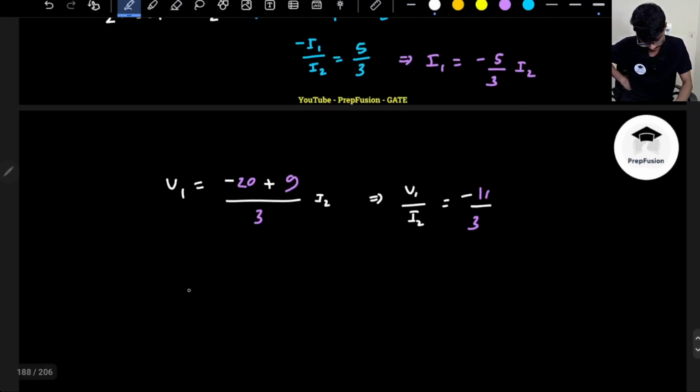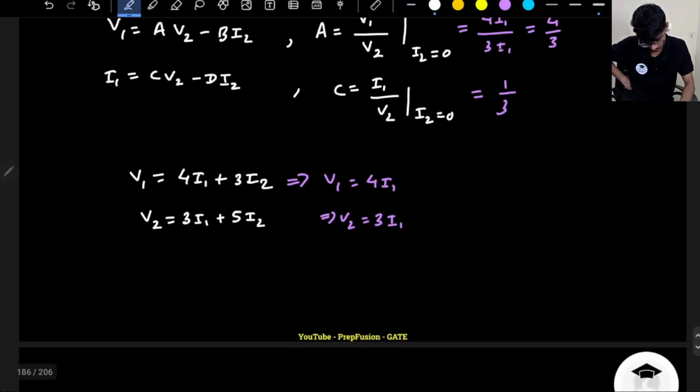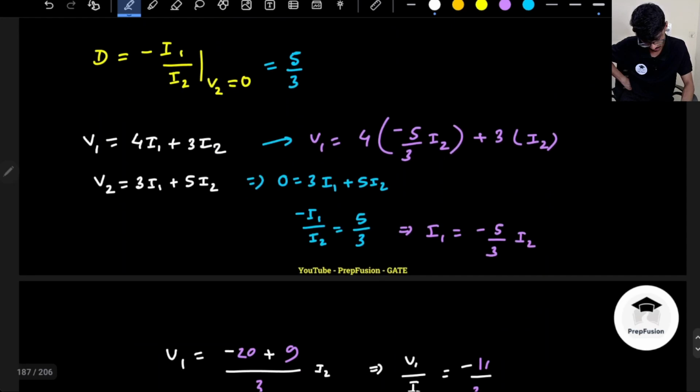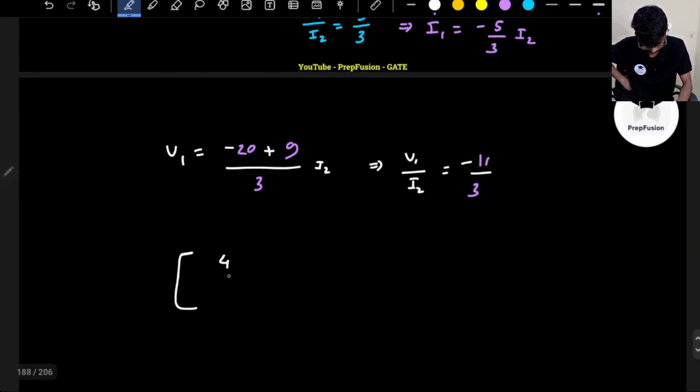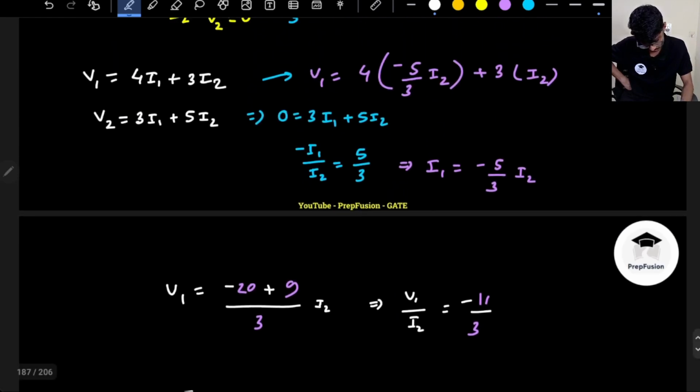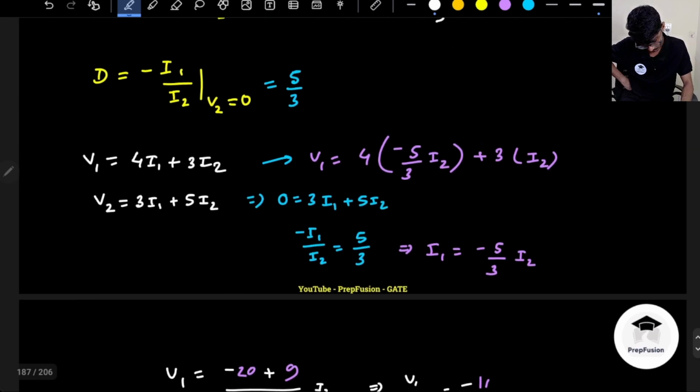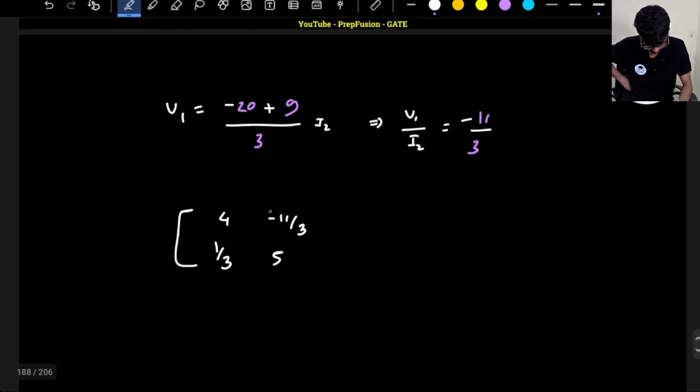Basically your ABCD matrix will be 4 by 3, 1 by 3, minus 11 by 3, and 5 by 3. Sorry, plus 5 by 3.